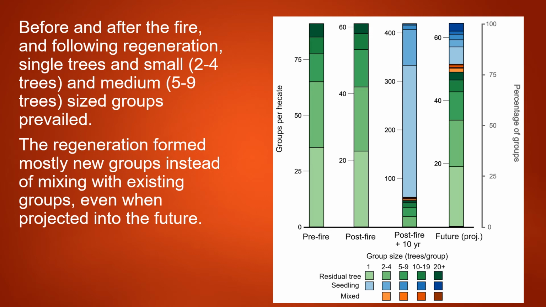Approximately 10% of the tree groups formed by the regeneration were actually mixed with the existing forest, which I found very interesting. Most of them, again, independent. That same relative distribution, singles and small groups and medium groups and large.